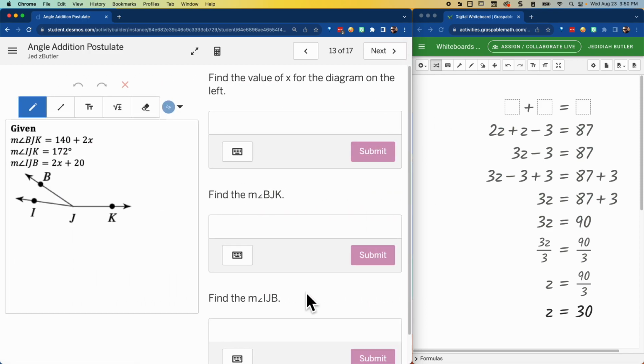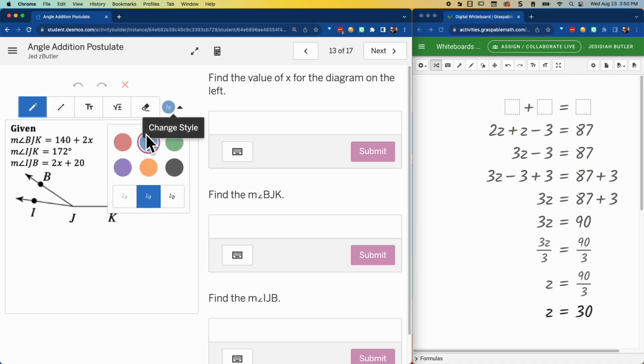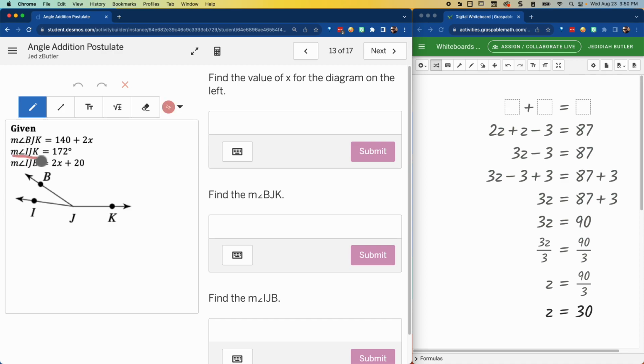Another one. All right, let's see what we have. I'm going to do some color coding here. Let's figure out which one is the total one. IJK goes the whole way. So the total one is going to be this one right there. And so that is the total. That means I can use the other 2 equations for my 2 pieces.